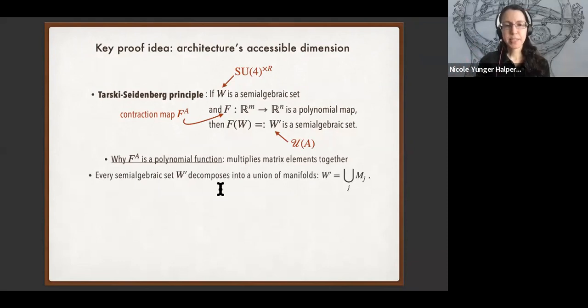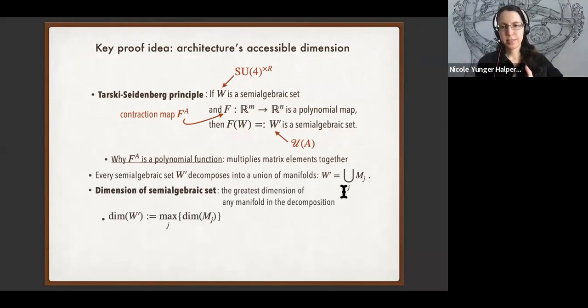If you have a semi-algebraic set like W prime, then it decomposes into a union of smooth manifolds. One of those manifolds has the greatest dimension out of all of those manifolds. And that greatest dimension is called the dimension of the whole semi-algebraic set.